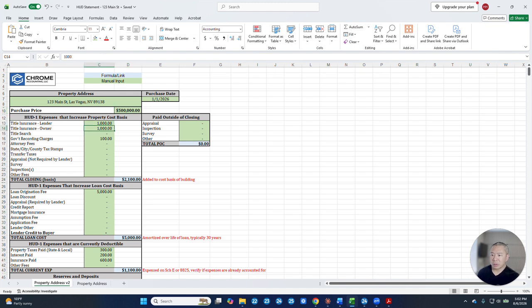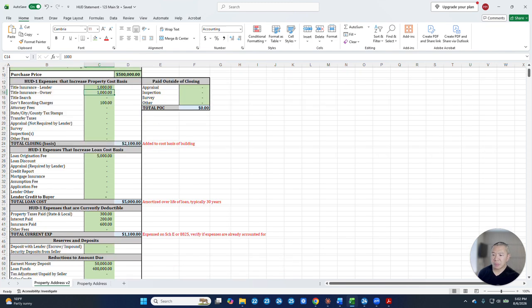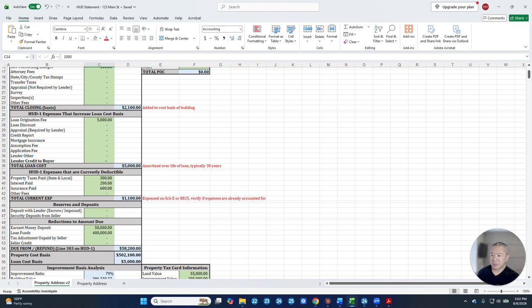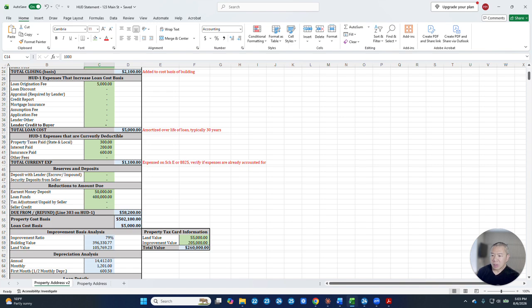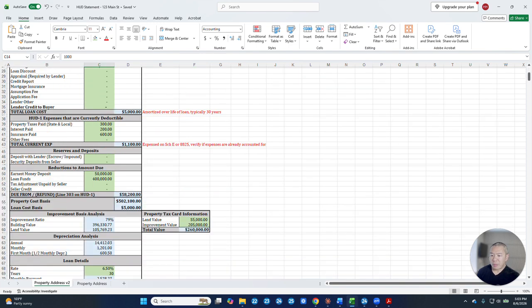All these title costs are going to just add to the cost of the building. All these loan costs are going to be amortized over the loan, which is typically over 30 years or 15 years, depending on which type of loan they get. Then there may be some expenses that are prorated and paid. These ones are most likely going to be expensed on Schedule E. If it's housed in a partnership, then this is going to be on the 8825 tax form. So all these numbers when you input them in here should match your HUD statement.